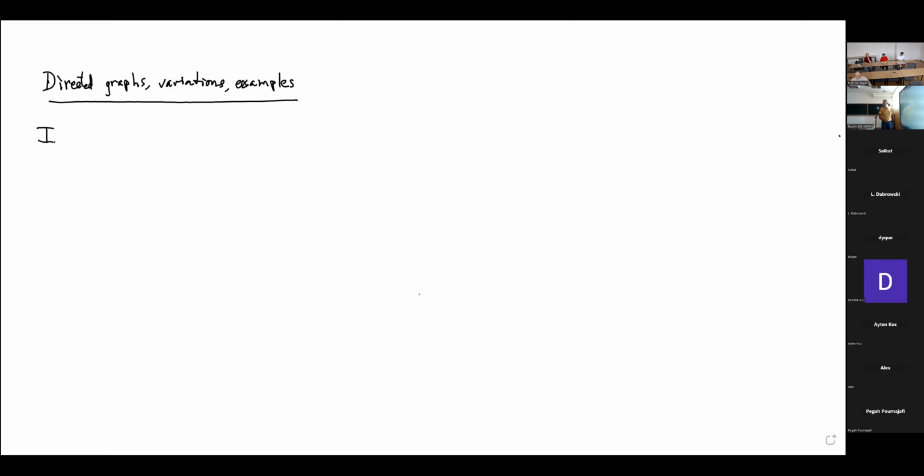So the first is, and I actually wrote it out, let's say directed graphs. But today, directed graphs, first generalization, as far as I can tell.